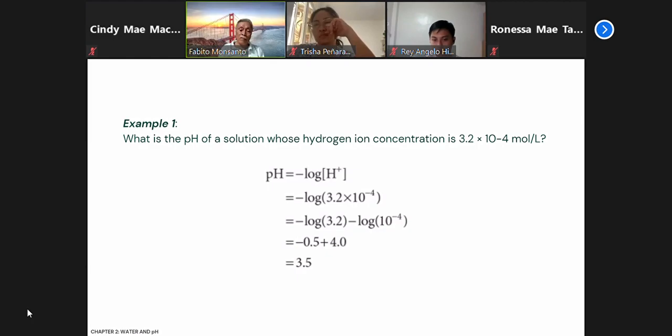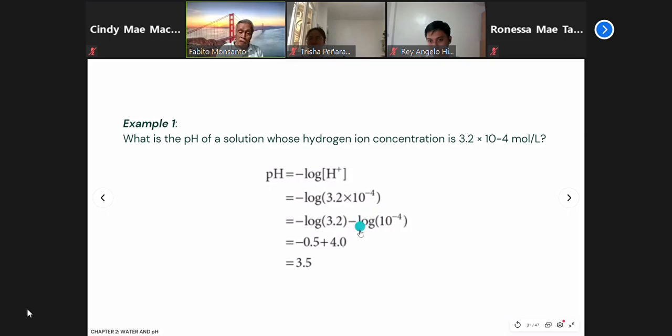So that is the hydrogen ion concentration. So the negative log of 3.2 is 0.5. And your multiplication here, the sign of multiplication, is changed to negative. Negative log 10 to the minus 4.